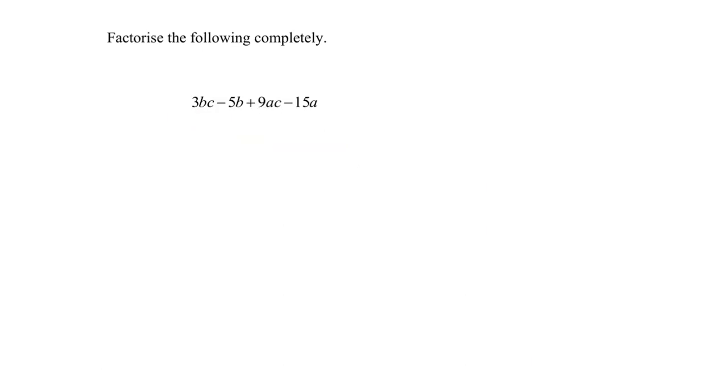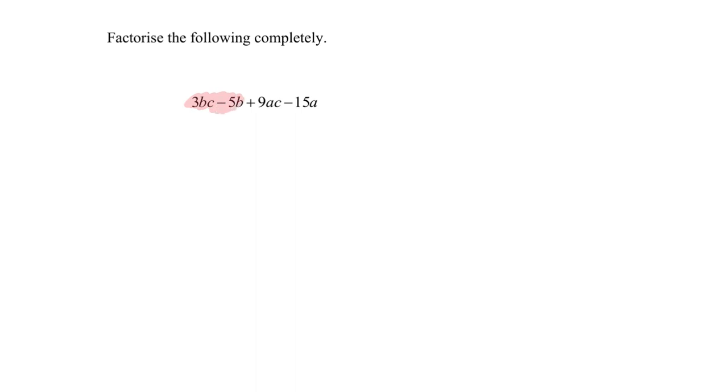Hello everyone, welcome to this video where we are required to factorize the following. So if I see 4 terms, and when we want to factorize, then I will actually see them as 2 groups. Okay, I'm going to take out the common factor for the first group here, because I see common factor.